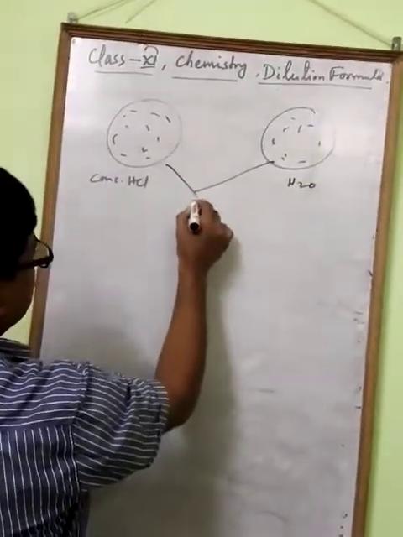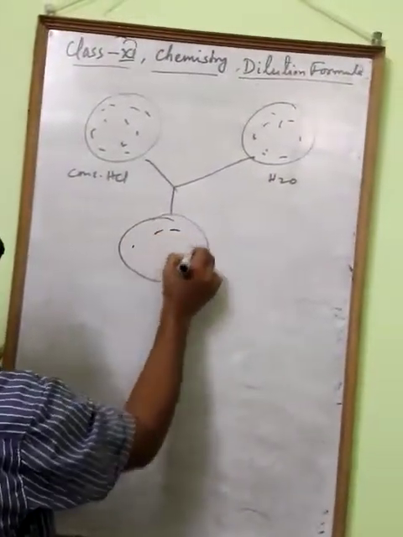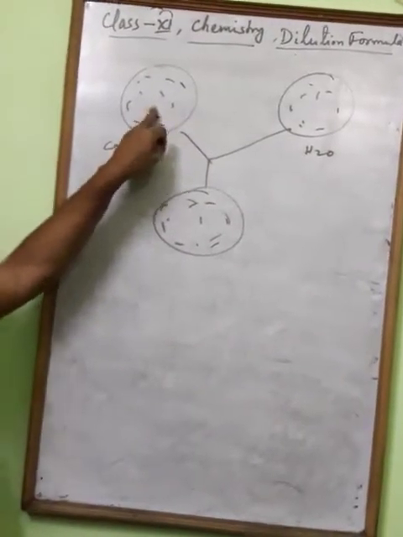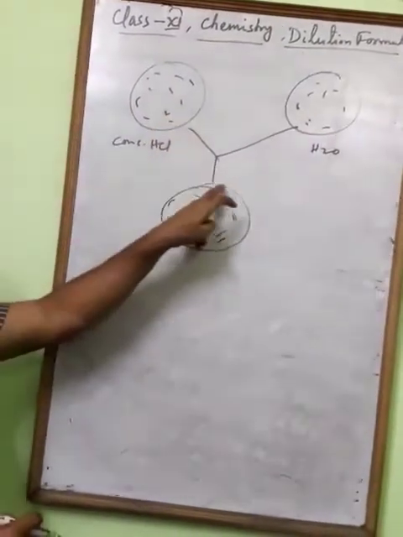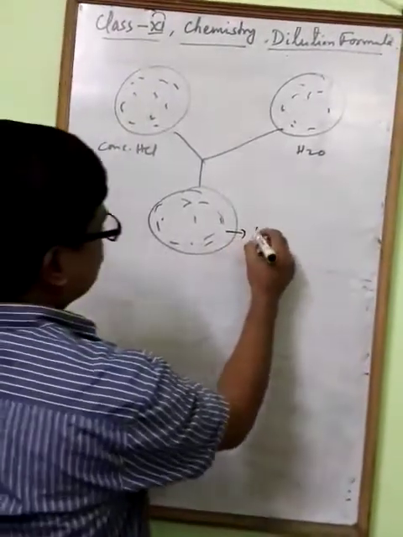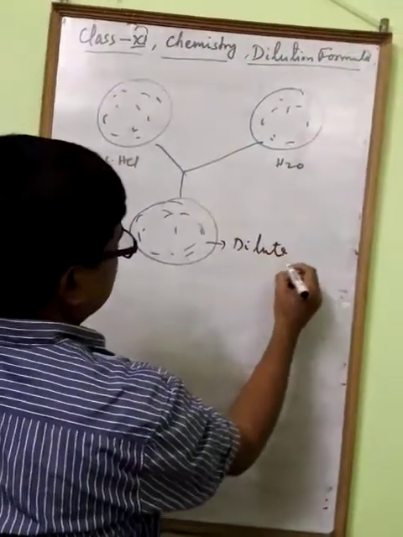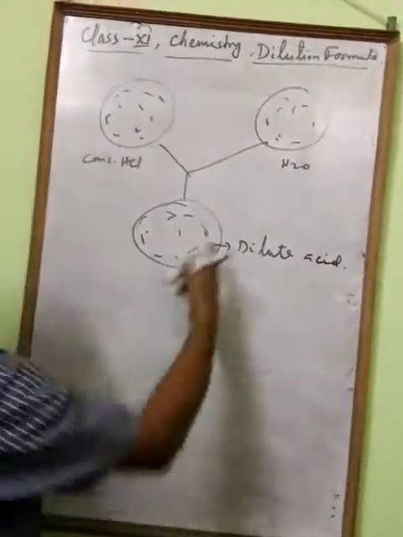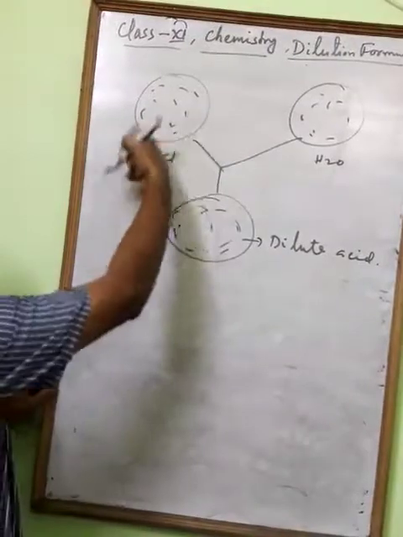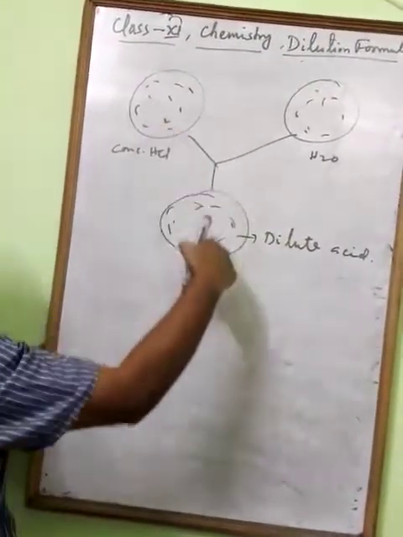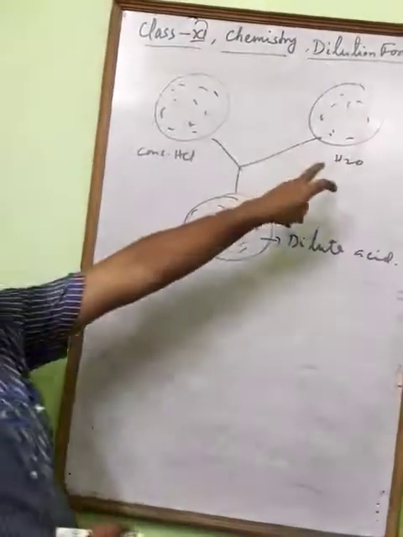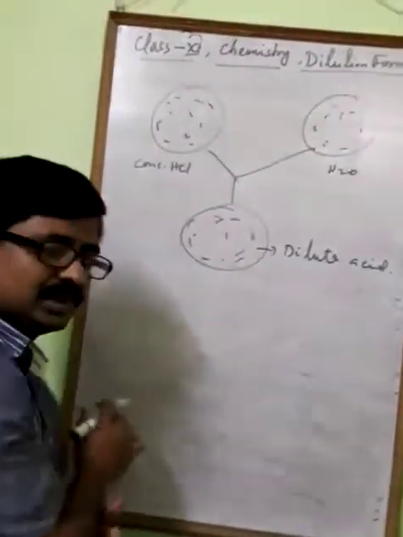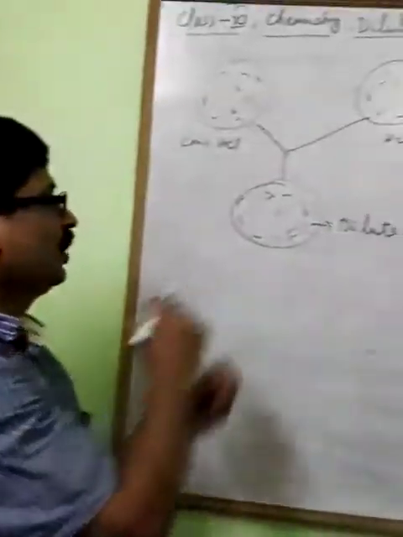You are going to get another container: this is concentrated acid, you are going to add water to the acid, and you will get dilute acid. Water put in acid means addition, dilution. You will get dilute acid.